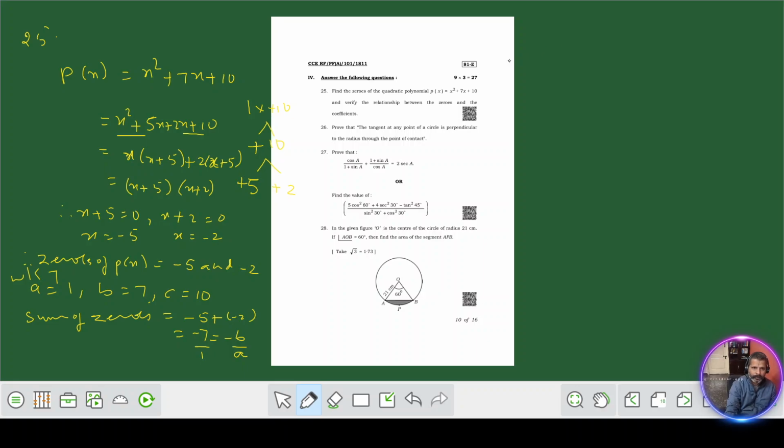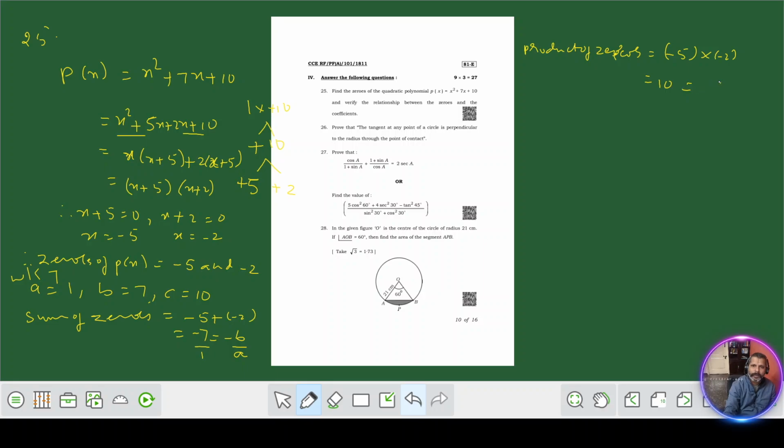Similarly, product of zeros. What are the zeros we got? Minus 5 into minus 2, that is plus 10.